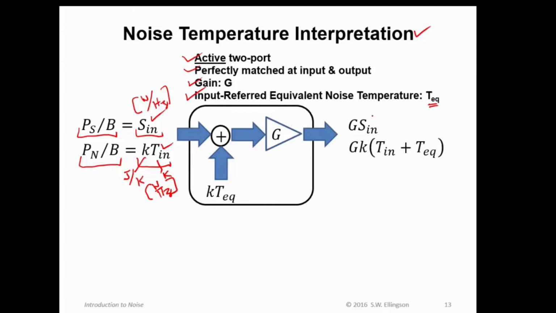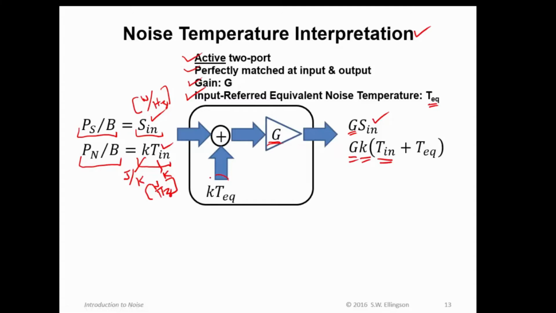At the output, what we have is the signal power spectral density is increased by a factor G, the gain of this thing. And then what happens to the noise? Well, two things. First is that the noise that appeared at the input multiplied by K is increased by factor G, just like the signal was.